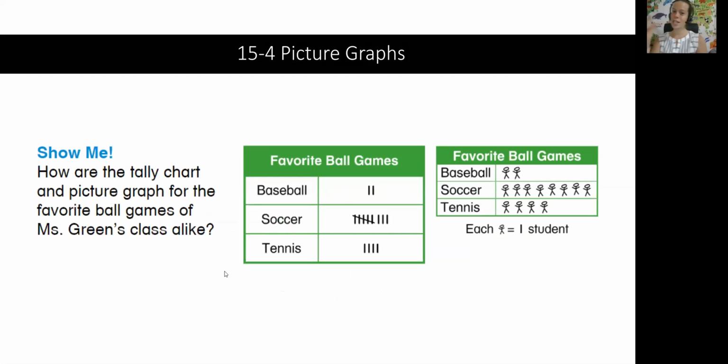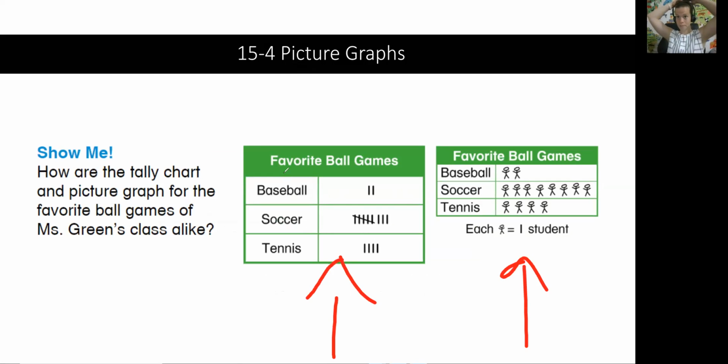Now, how is the tally chart similar to the pictograph? How are they similar? Same titles, same categories, same amounts, right?